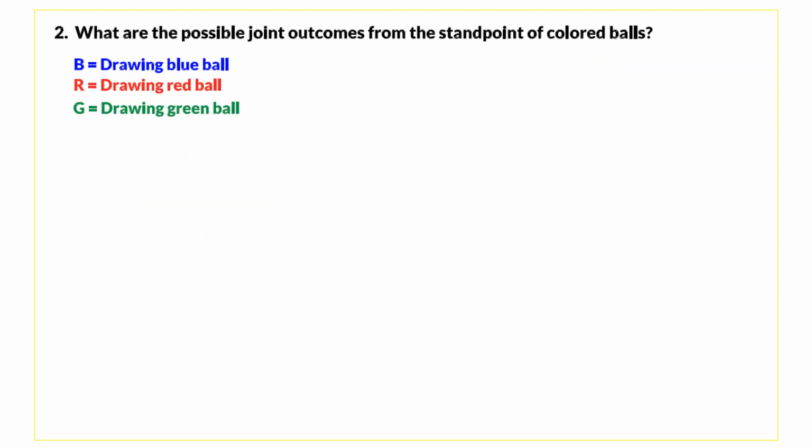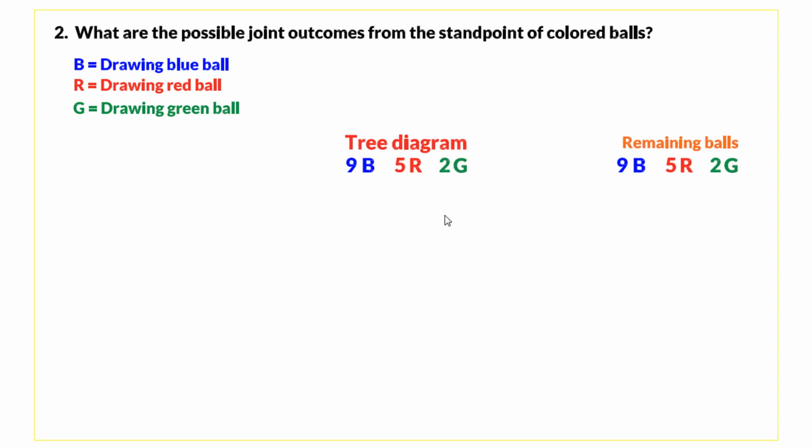Question number 2. What are the possible joint outcomes from the standpoint of color ball? So let B represent drawing blue ball, R represent drawing red ball, and G represent drawing green ball. We start with 9 blue, 5 red, 2 green, and for the first draw we may get blue, red, or green.